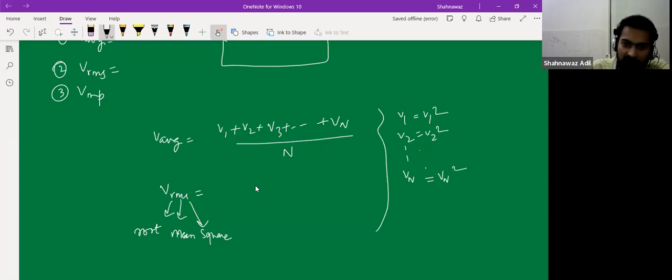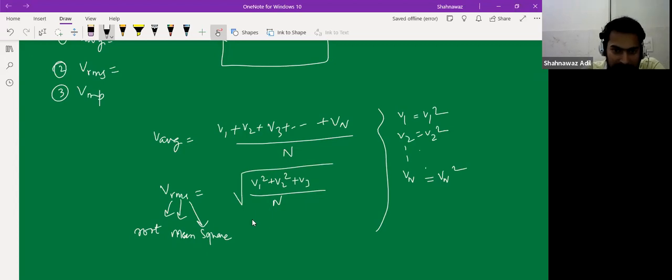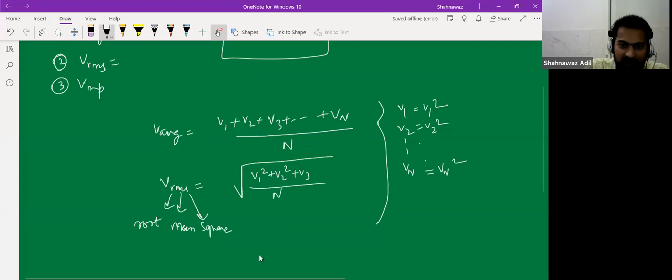So V1 square plus V2 square plus V3 square, and then we take the mean, which is divided by n, then we take the root. So this is the root mean square of the velocities. Understood, guys? Yes, sir.